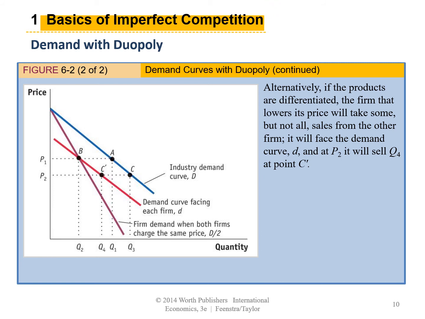So that purple line is the D divided by 2, the 50% share that goes to each of the two firms, but only when they're coordinating, and in such a way as to divide the market between them.